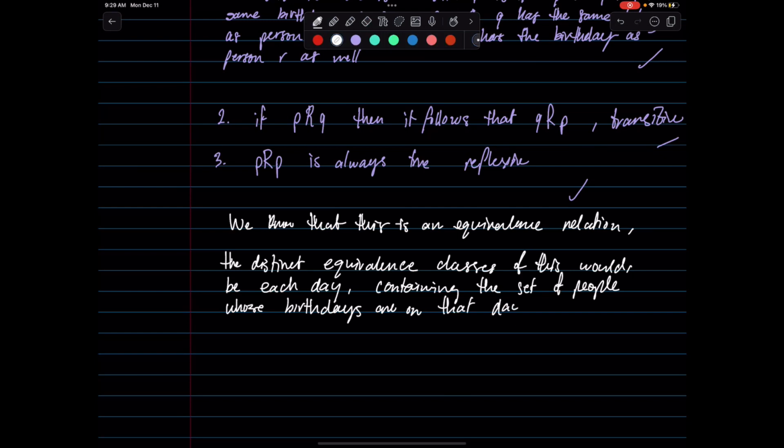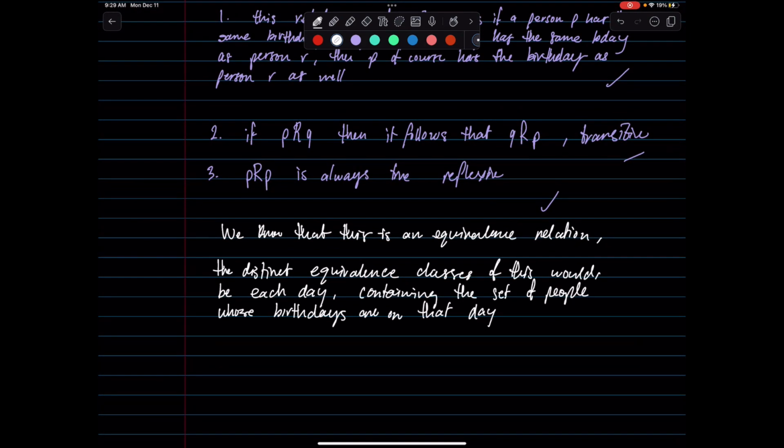So each distinct equivalence class for a relation like this, where we're talking about birthdays, would be each day, and that would contain the set of all people whose birthdays are on that day.